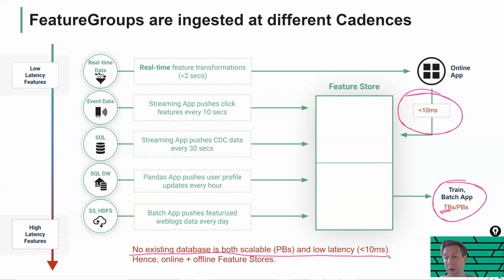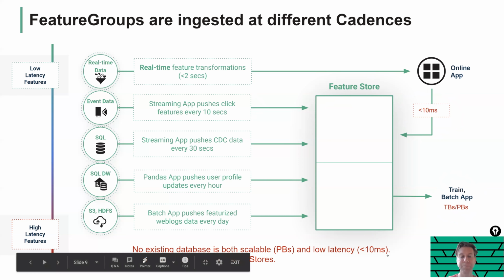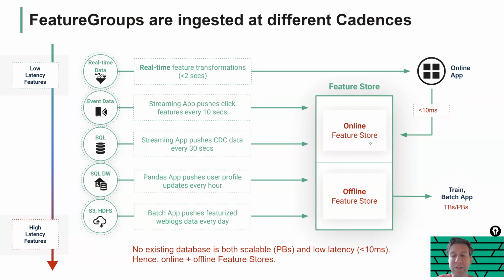So what we at Logical Clocks have done with the Hopsworks Feature Store, but also all other known implementations of feature stores that we've encountered, have dual database systems. They have an online feature store and they have an offline feature store.